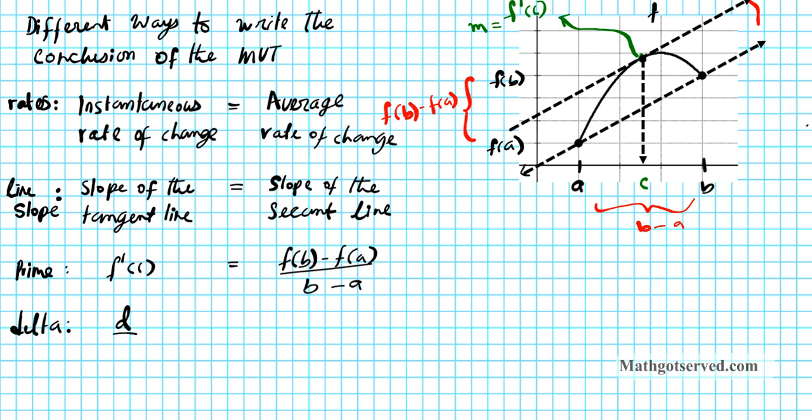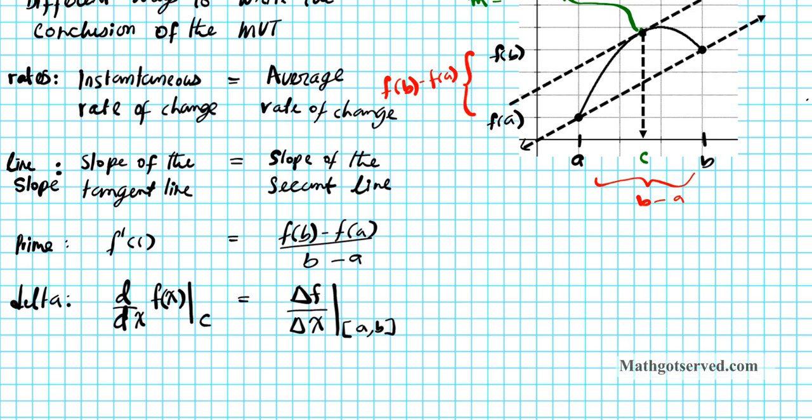Basically you can write it as d/dx of the function evaluated at C is equal to delta f over delta x. This is the average rate of change evaluated on the interval (a, b). So all these four ways are the different ways we can write the conclusion of the mean value theorem.